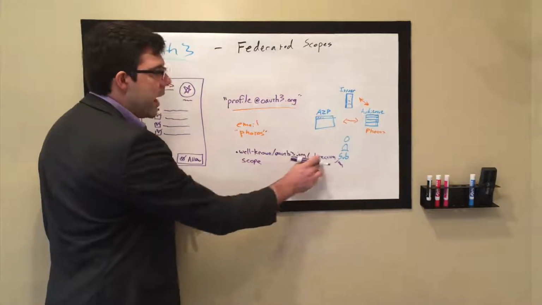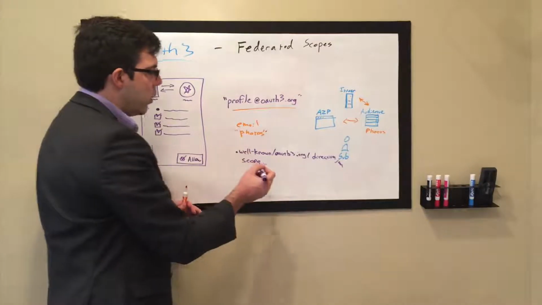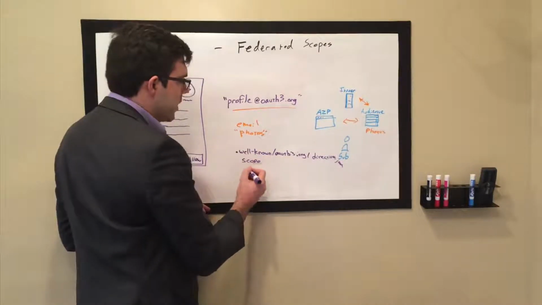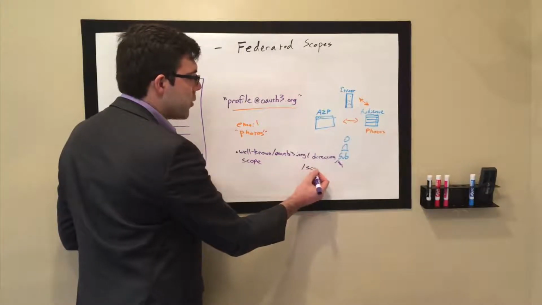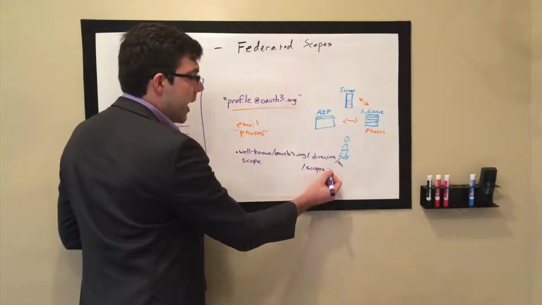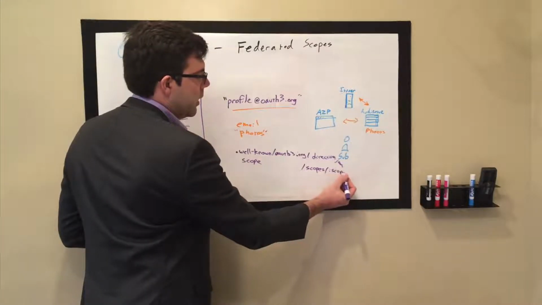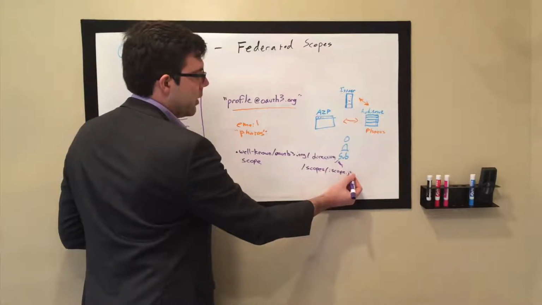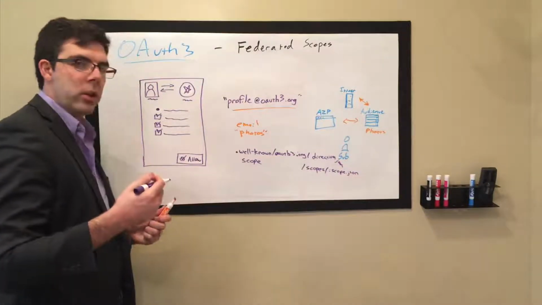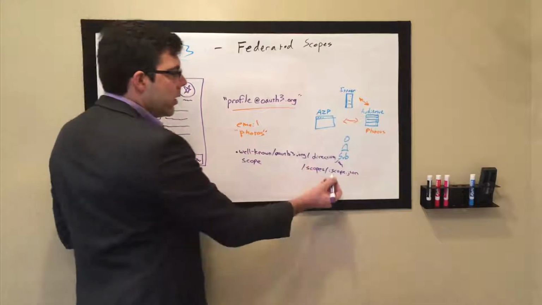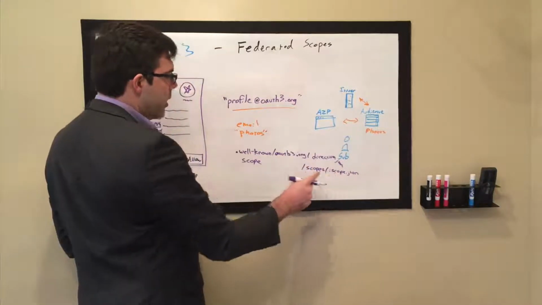Inside that JSON file, there is a key called scope, and that scope will point to .well-known/oauth3.org/scopes, and this has templates, scope.json. So whatever scope you're looking up, you're simply substituting the name of that scope right here in the URL.